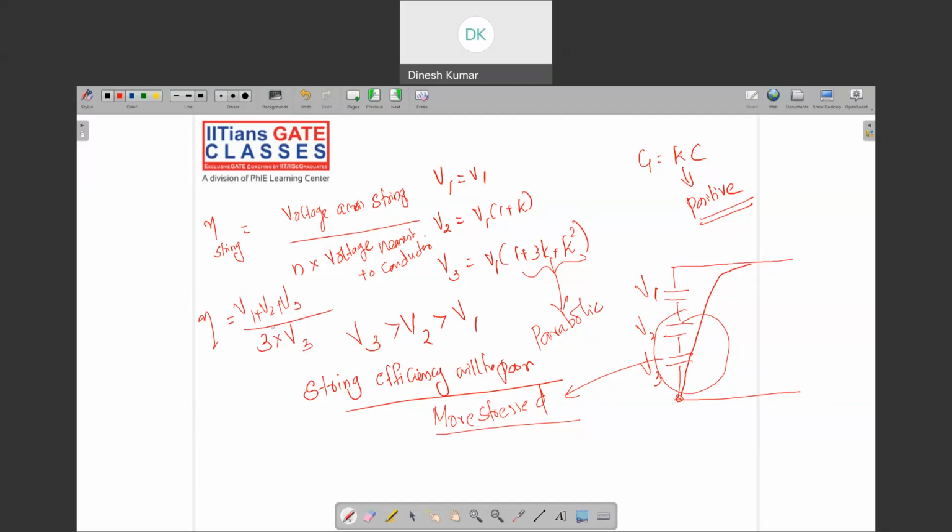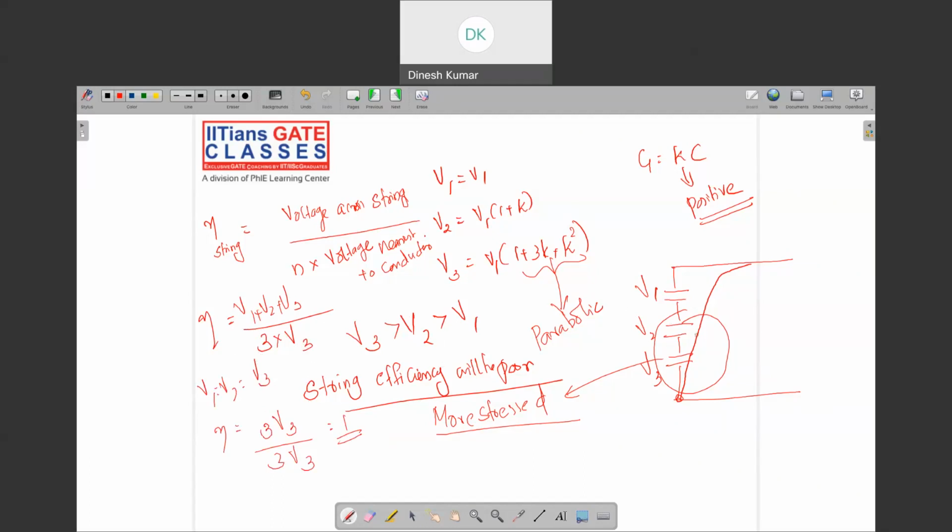We already know these are not equal, so efficiency will not be 1. So what if V1 equal to V2 equal to V3? Then eta equals, with all voltages equal, 3V3 on top and 3 in the denominator. That is basically 1. So we get the maximum string efficiency from this condition.